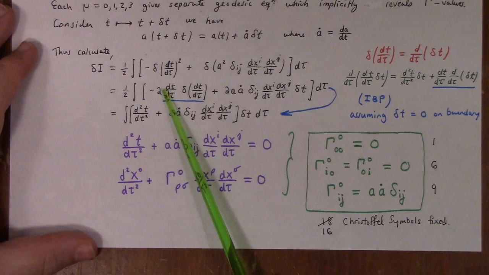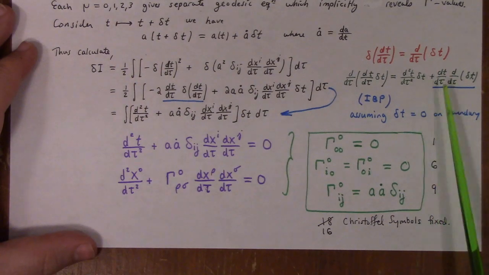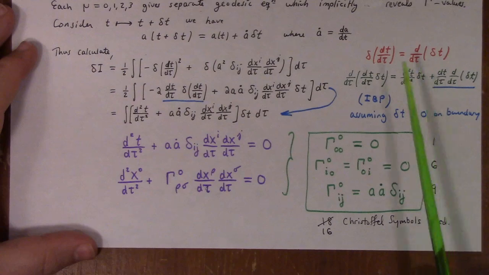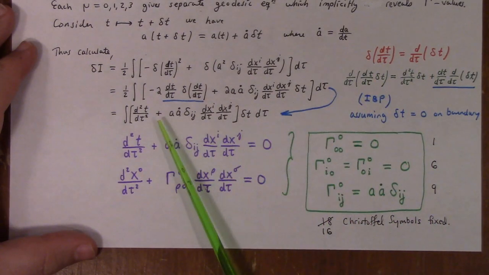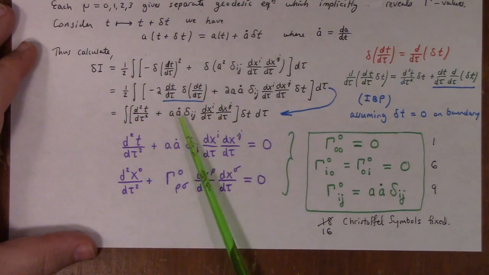The half and the 2 cancel to leave me a minus, but I get a plus because I'm switching from this side to that. So I'm solving for this term, and it puts that on the other side. The total derivative term integrates to 0 again by assumption, and of course we've still got this term over here. This 2 and the half cancel like so, and there you have it.